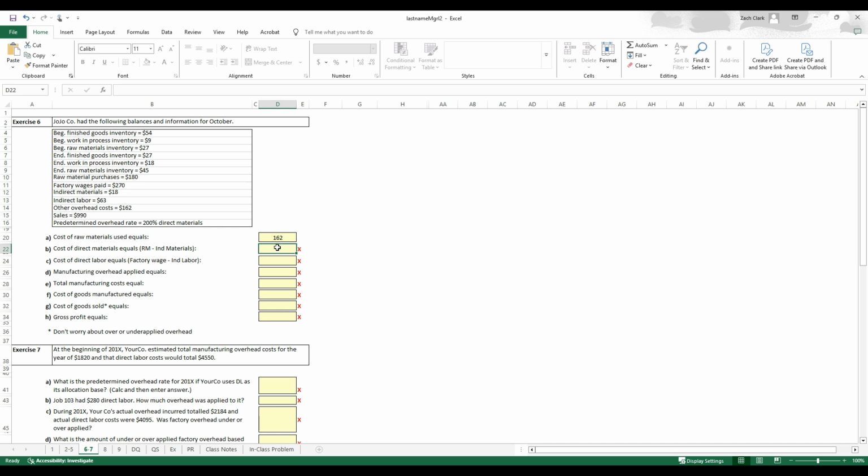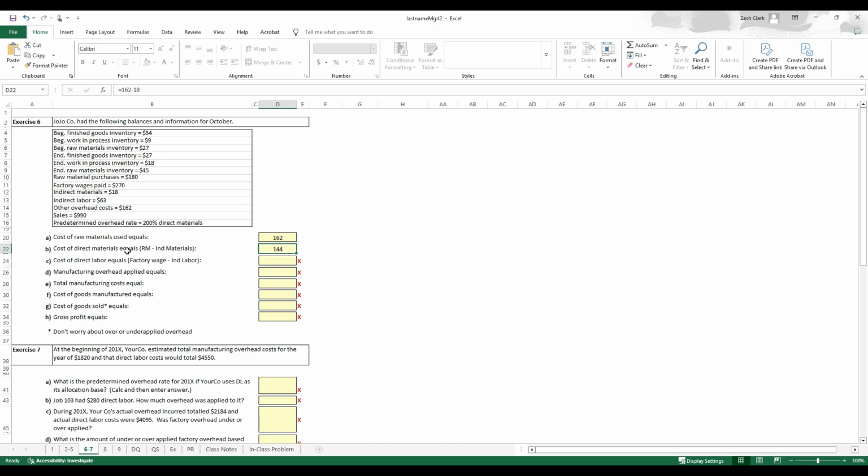So if we say 162, let me do a formula. 162 for our other overhead costs minus the indirect materials.